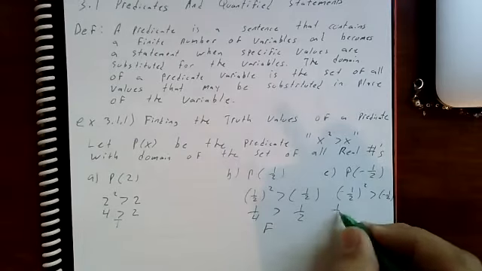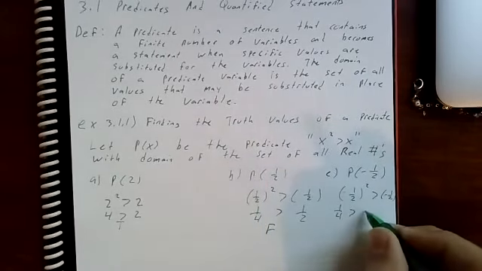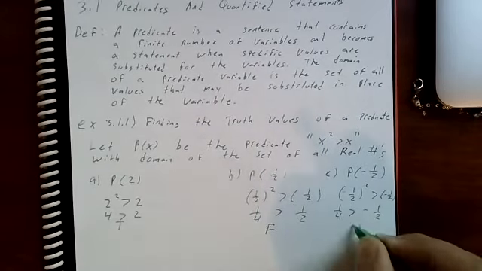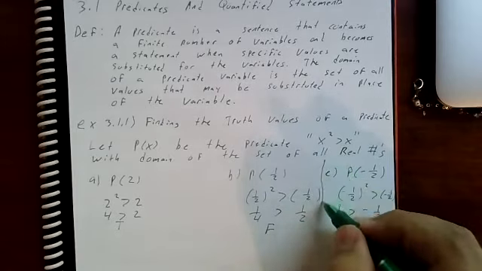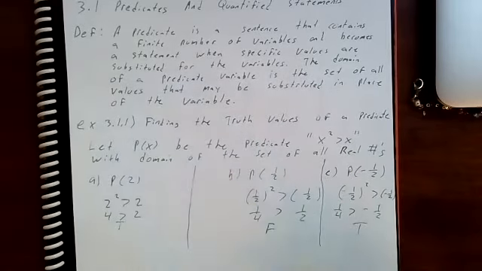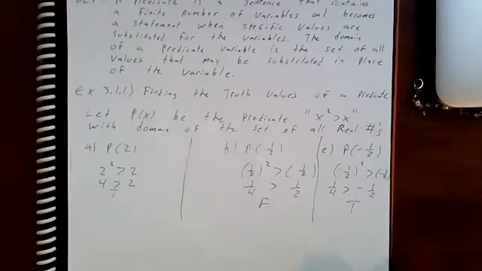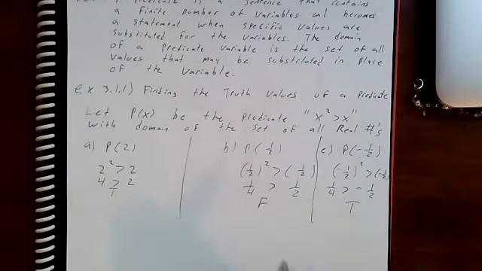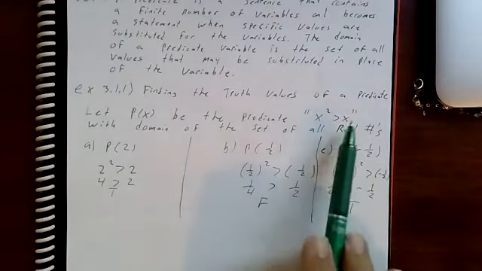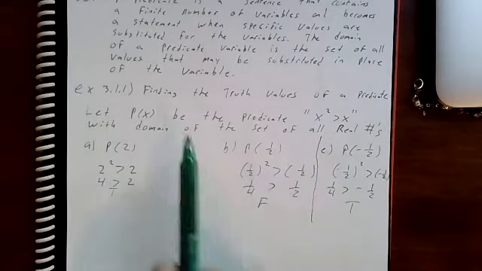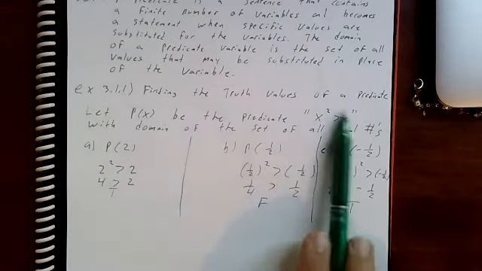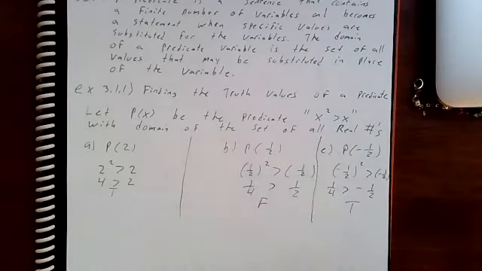Well, that would be 1/4. Is that greater than -1/2? And the answer is true. So that's what a predicate is. It's something that can become a statement once you plug in values. So this P of X is a predicate that is representing this.